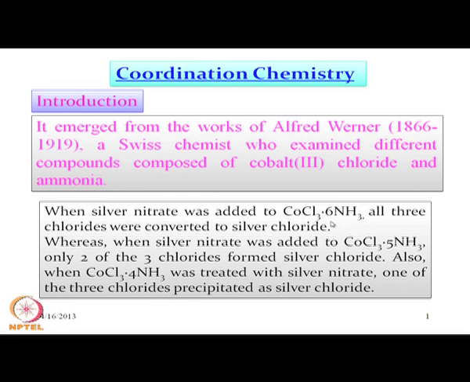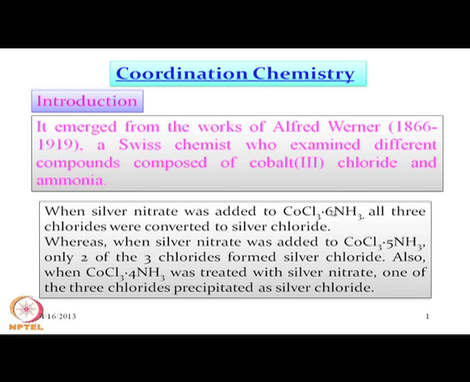It is based on the amount of nitrogen present in the molecule. So, this was the typical entity: the cobalt chloride was already present, which was the original formula, and 6 equivalents of ammonia were added to it, giving a corresponding compound. Depending upon its different form, it has different color and they are solid in nature.